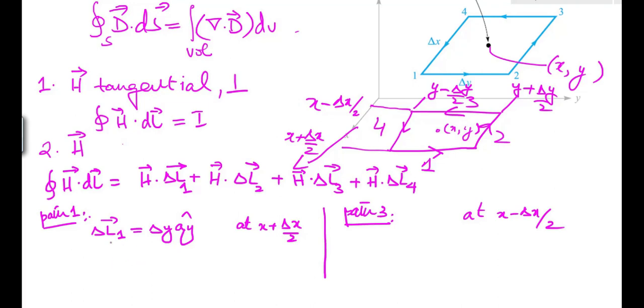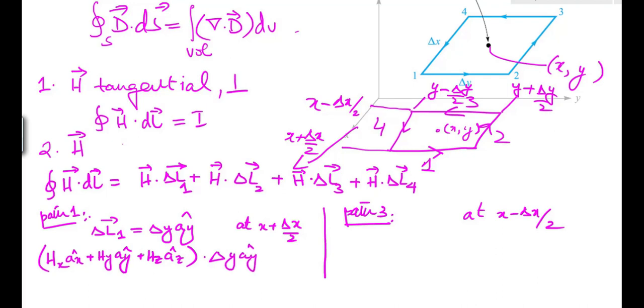Now in this case, let's apply Ampere's Circuital Law. What does Ampere's Circuital Law say? That H dot dL1 will be equal to, as H has 3 components, Hx ax plus Hy ay plus Hz az, you take the dot product with the length vector, the side vector, which is delta y ay.